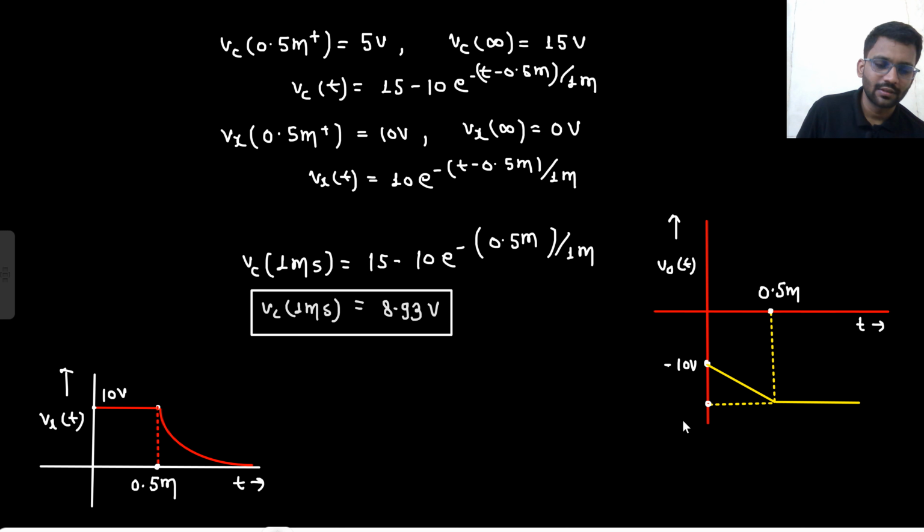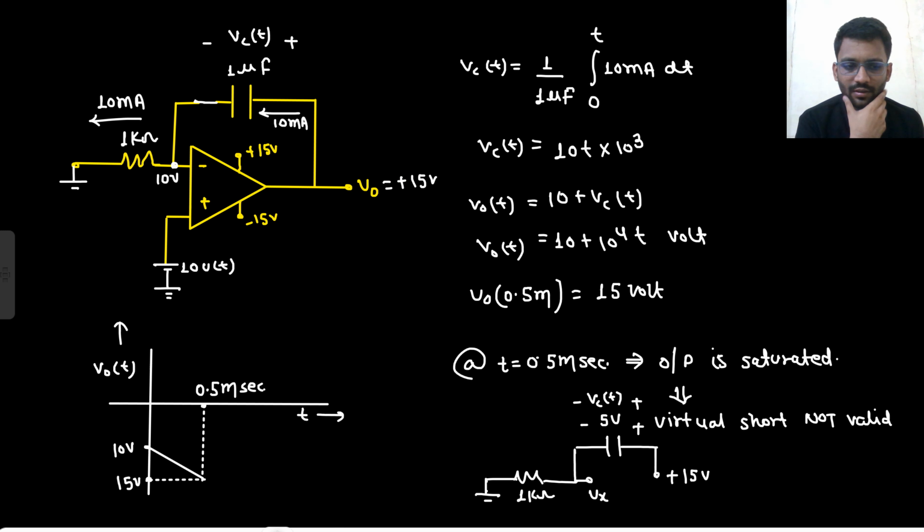Wait a second. Why did I draw this waveform? From 10 it is going to 15, no? 10 to 15, so it is increasing only. I'm really sorry for this.